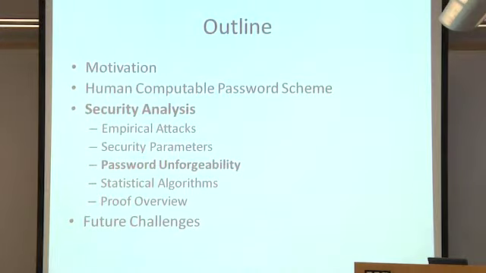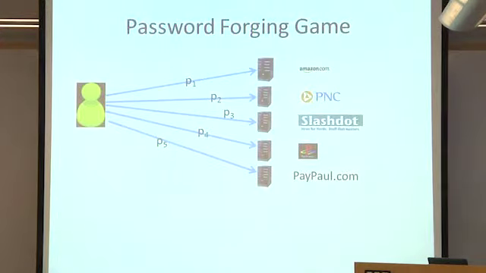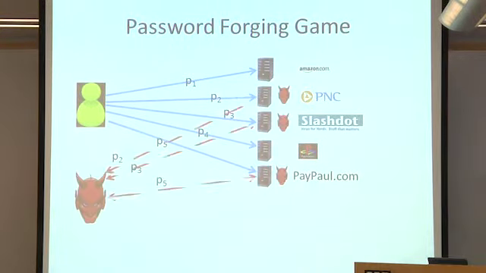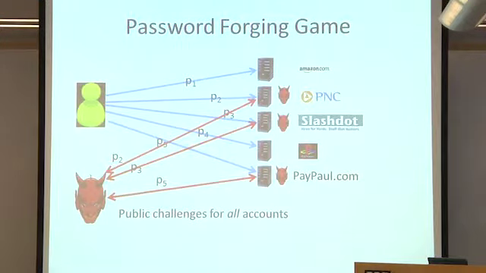Okay, what about password forgeability? So ultimately, the adversary's goal is to forge the user's passwords. So given several random examples of the user's passwords, the adversary's goal is to break one of the user's other passwords. And the user wins this game if the adversary is not able to compromise any password he hasn't already seen in this game.